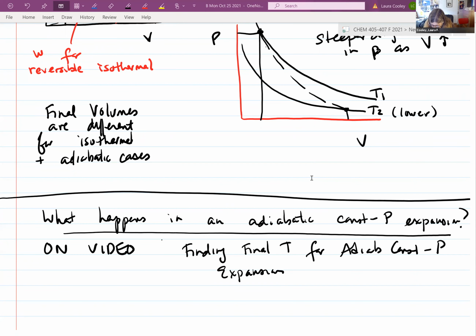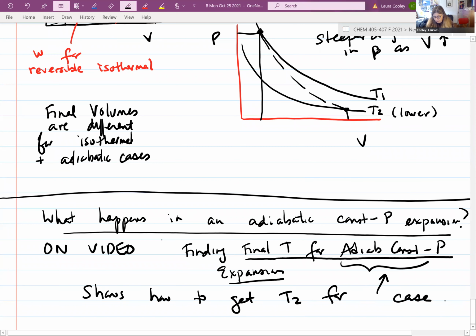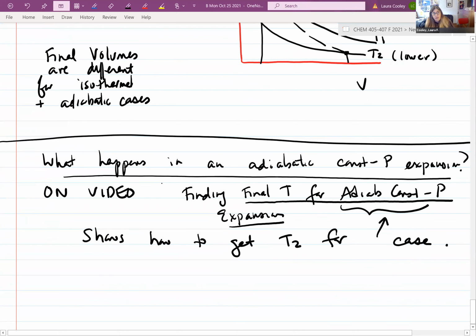Yeah, it's called Final Temperature for Constant Pressure Adiabatic Expansion. So that video shows how to get T2 for the adiabatic constant pressure case. Okay. So you should watch that one first. And then you should do this special problem.